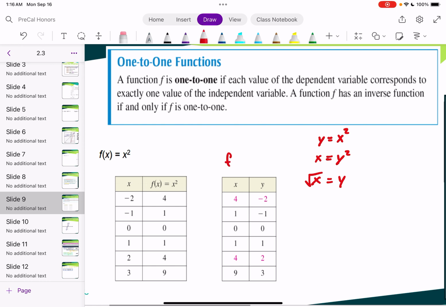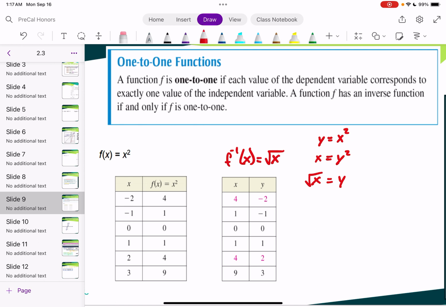So f of negative 1 of x is equal to the square root of x. Now, as we get to this point, once we have established our x's and y's for our regular function, we can switch the positioning of the x and y, and we would come to the same answer.